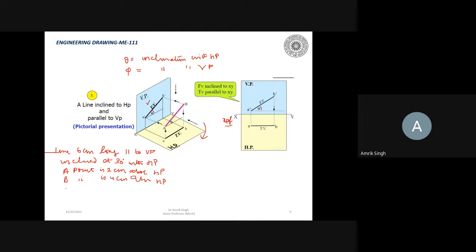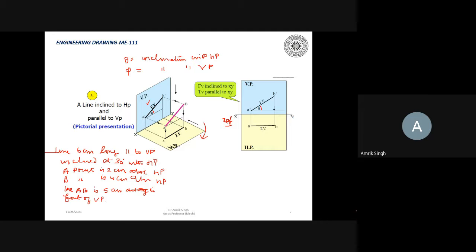Also, you can mention the line AB is 5 centimeter away, or away नहीं, in front of VP. Okay, so this will cover everything.